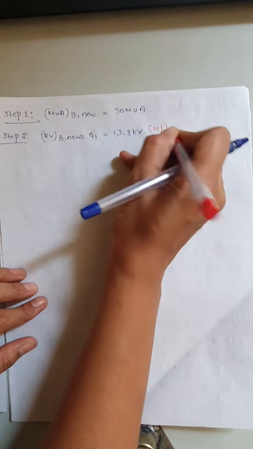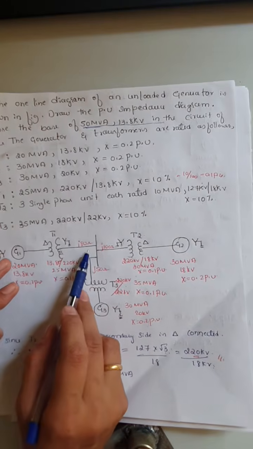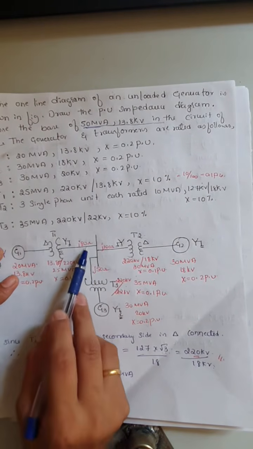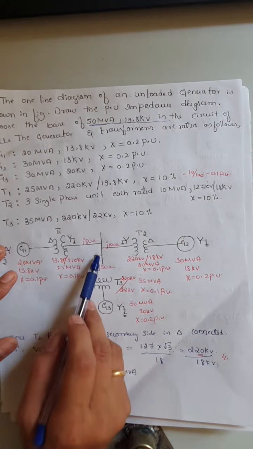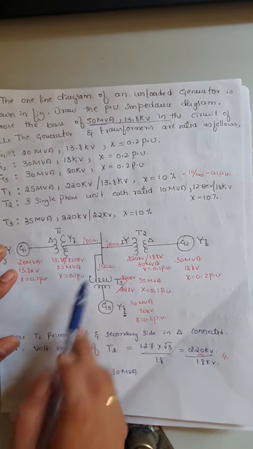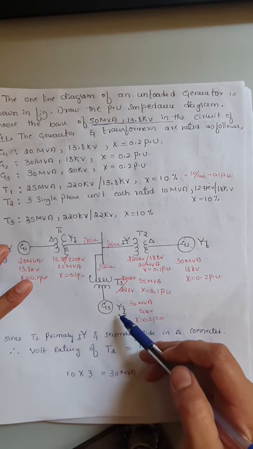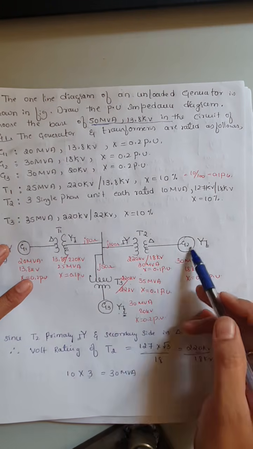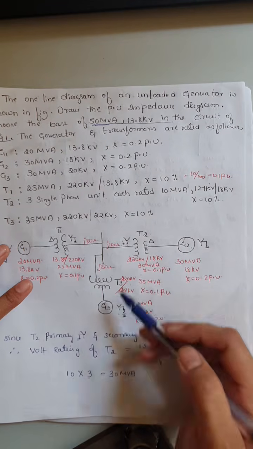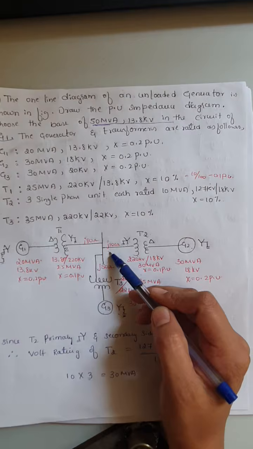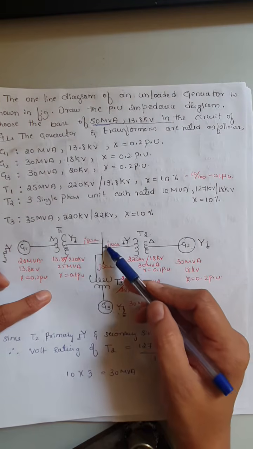By taking this as a reference, next we will calculate the base voltage of the transmission line. We have 3 transmission lines, and all 3 are connected to one common bus bar. Then we need to calculate the base voltage for generator G2 and also for generator G3, since these two are on the LT section and the transmission line is on the high tension section. So first we will calculate for the transmission line.